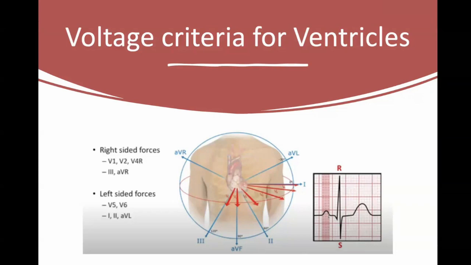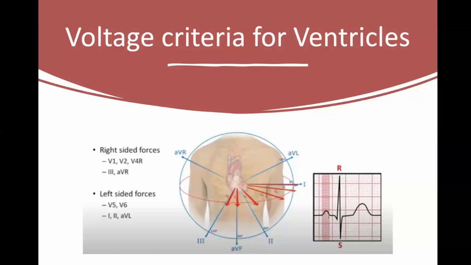It now becomes very critical that we remember which leads represent which ventricle. The right ventricle can be assessed by the positive R waves in the right side of the precordial leads, so that being V1, V2, and V4R, as well as the limb leads, lead 3 and aVR.